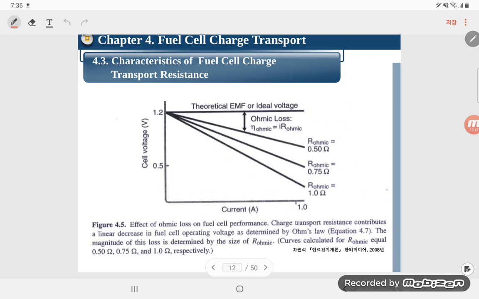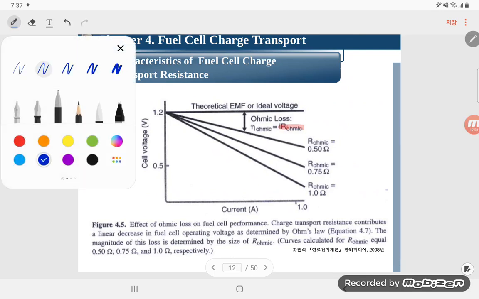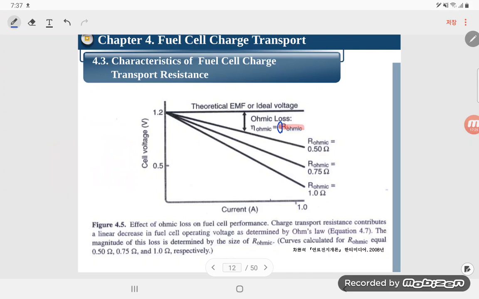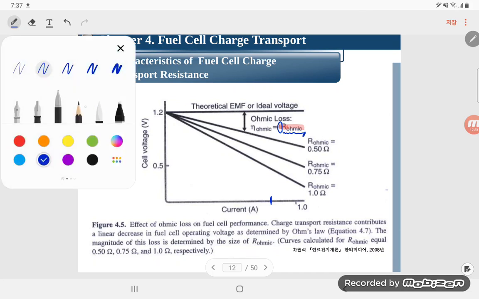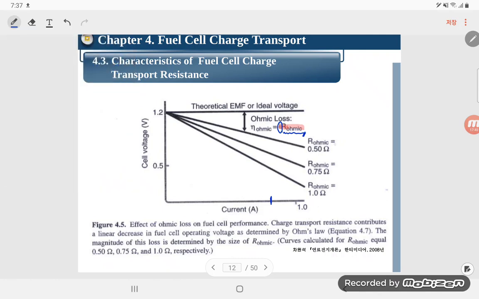So this is the plot for the ohmic loss, IR. If we increase the current, then the ohmic loss gets larger. And also, if we have a larger R ohmic, then the slope is steeper. This is the way of increasing R ohmic.